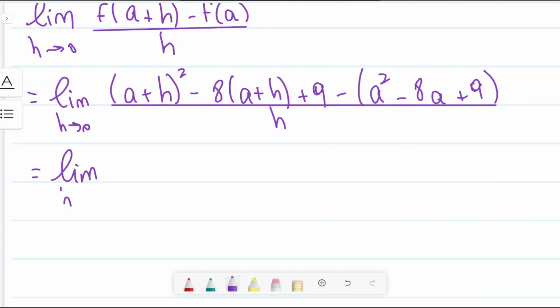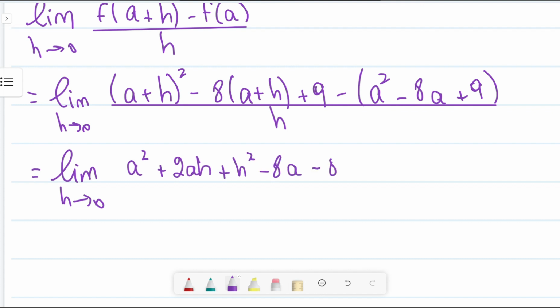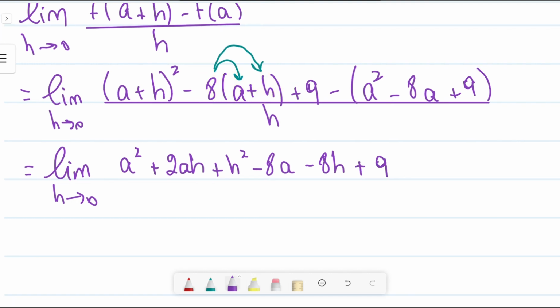Now, let us expand the numerator. We get a squared plus 2ah plus h squared minus 8a minus 8h plus 9. If you lost track, these first three terms are from the a plus h squared; the negative 8a minus 8h is from the second parentheses; and then I have plus 9.